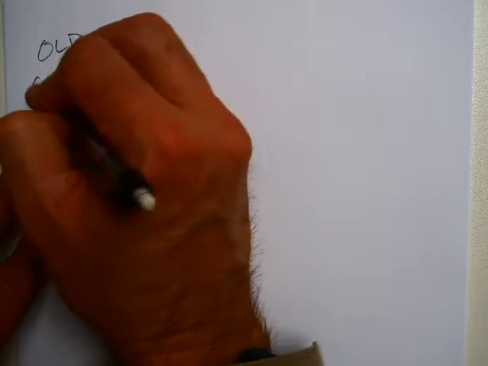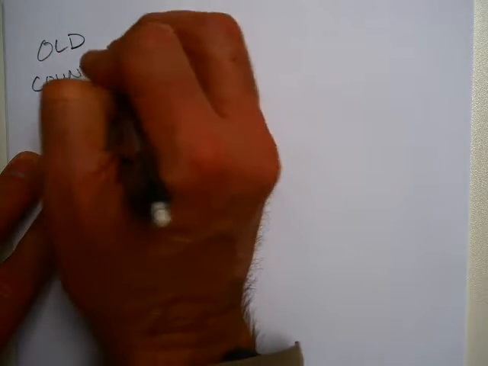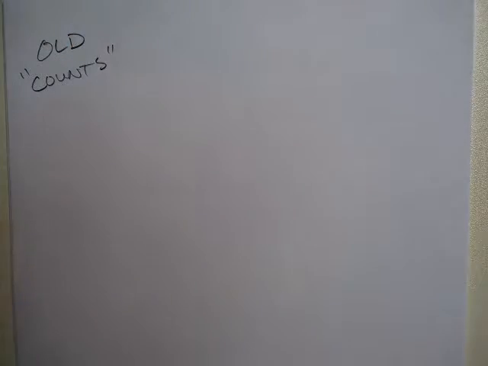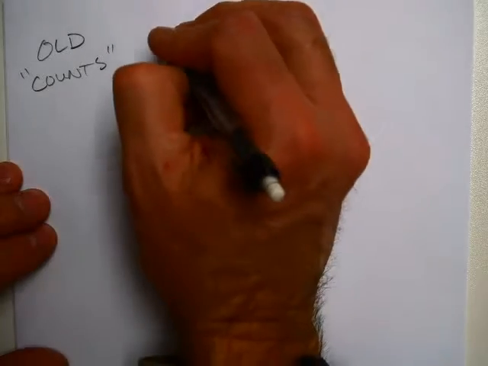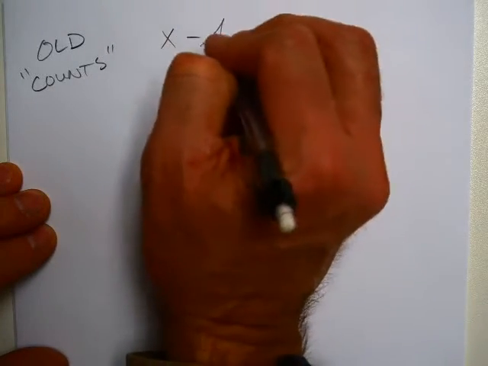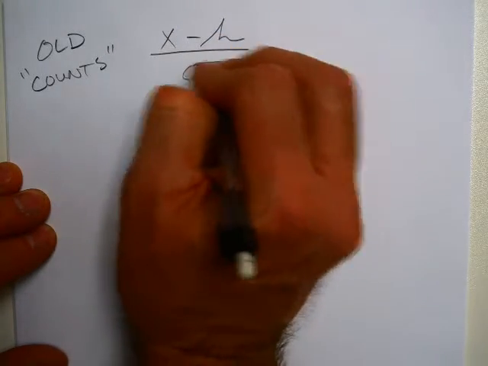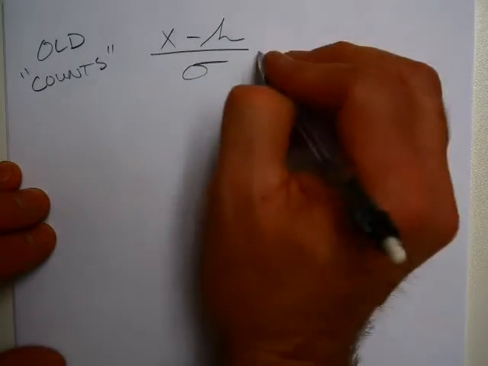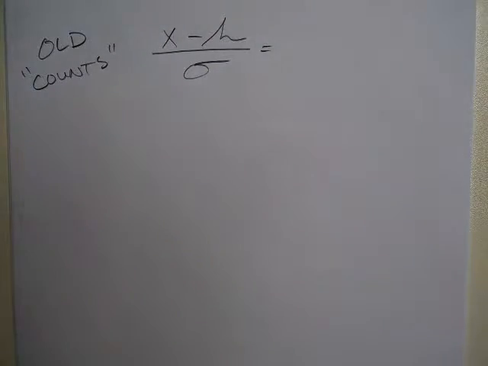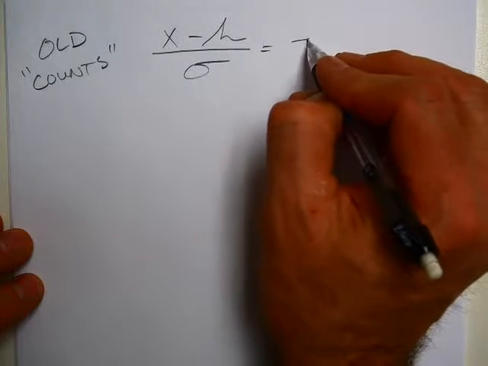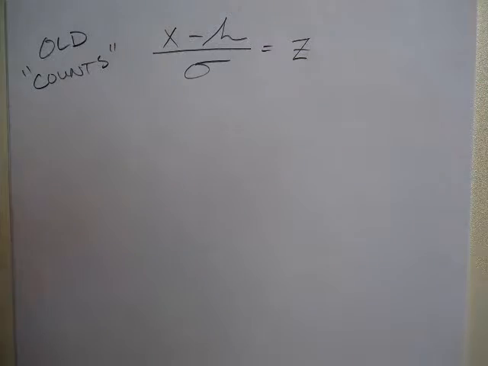Our old formula for standardizing deals with counts, specific values. So our old standardizing formula is x minus mu divided by sigma. And I only call it old because, well, we're moving on to a different type. It doesn't mean that this one isn't any good anymore. It just depends on the situation. And that gives us our z value, and then the z we take to table A.